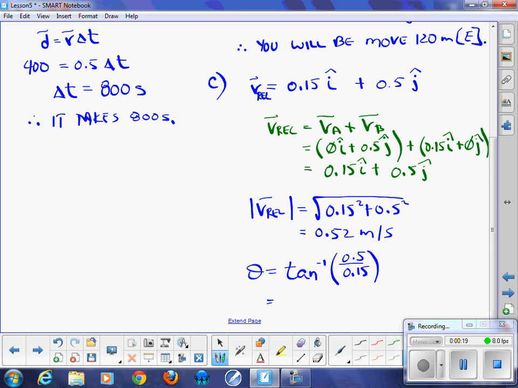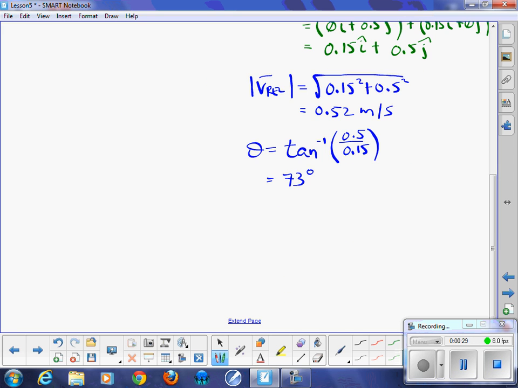So if I was standing on the side of the river watching this, or I guess not on the conveyor belt, if I'm sitting here watching this person on the conveyor belt, the way I view them, I would see this person moving at 0.52 meters per second, and the direction here would be east, 73 degrees north.